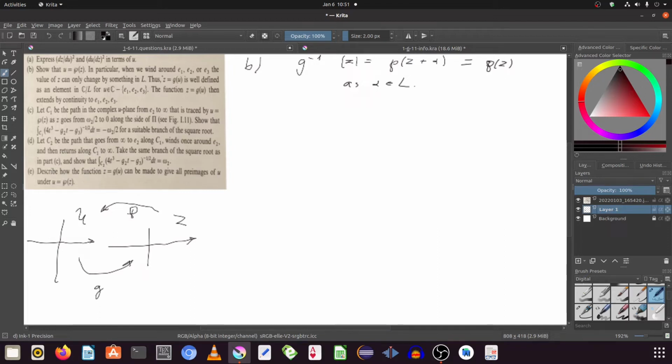Next, we have to show that different path doesn't change the value. And we'll show that explicitly. I believe that we have to go around the square root here.